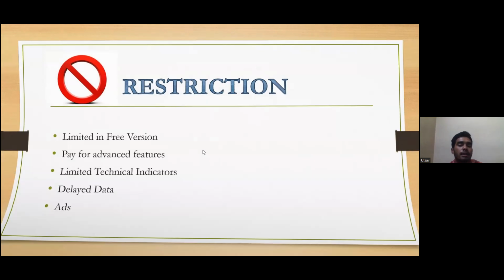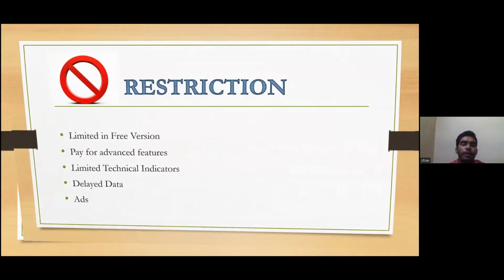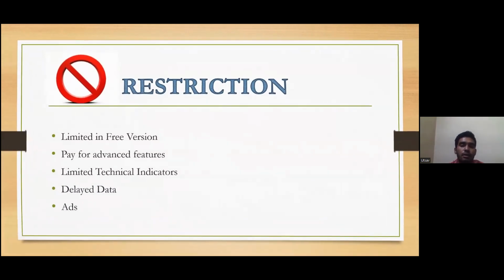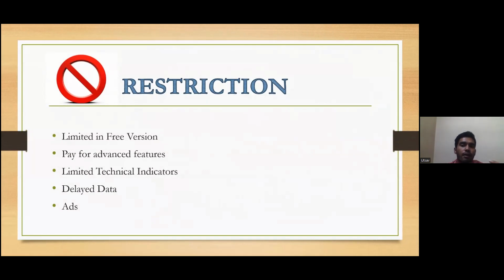So the restrictions it has are, it has limited features on the trial version. If we want the advanced version of the stock screener, we have to pay for it, and it provides us limited technical indicators. Unless we pay, we cannot use them, and it also delays the data.